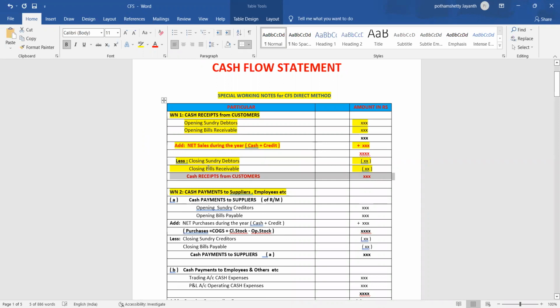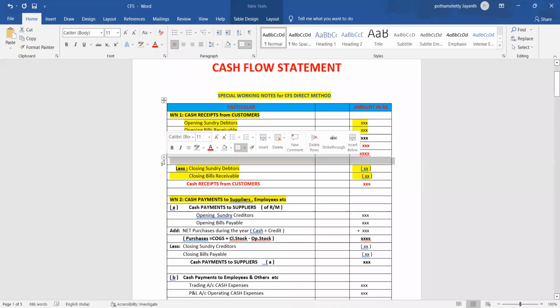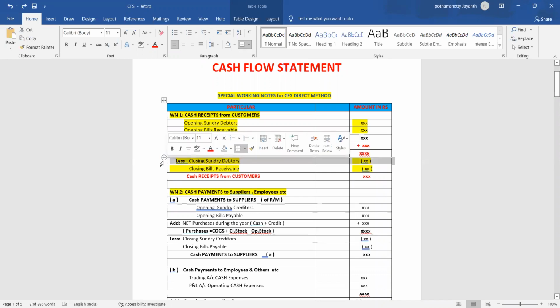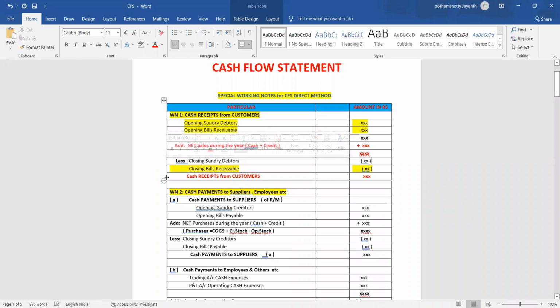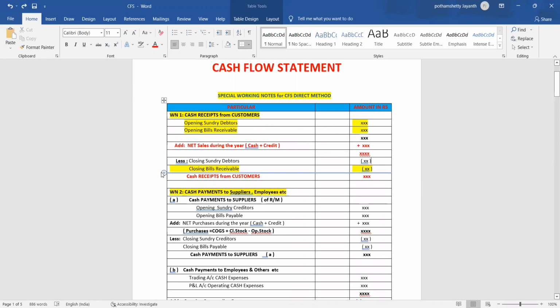So first we need to add opening sundry debtors and opening bills receivable. To that we need to add net sales made during the year. This is what we need to do. I am removing the color. From that we need to deduct closing sundry debtors and closing bills receivable.